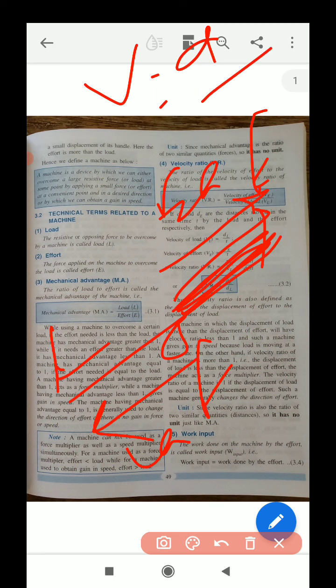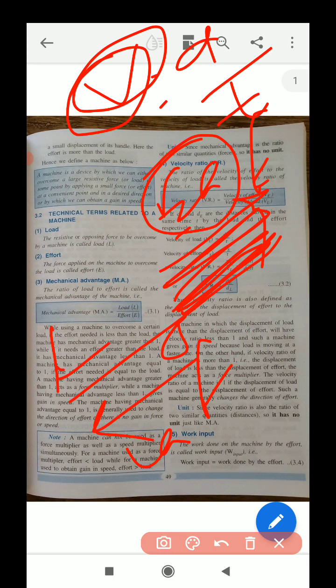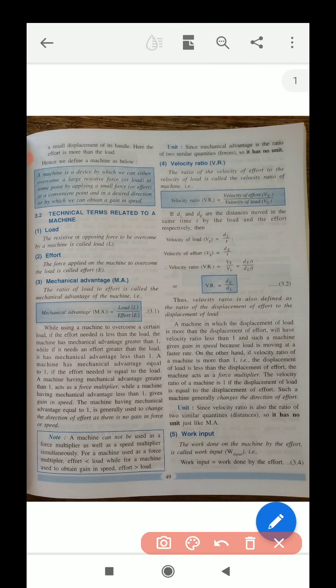Similarly, on the left side, the velocity of load is the distance of the load arm by time. The ratio of the velocity of effort to the velocity of load is called velocity ratio. It will be used for some maths purposes, that's why I wrote it here. Very easy.